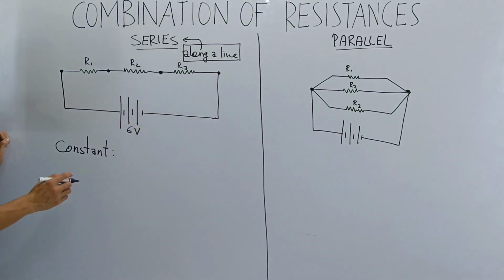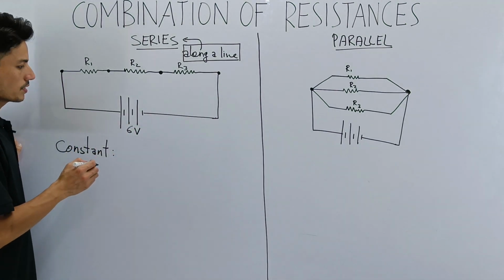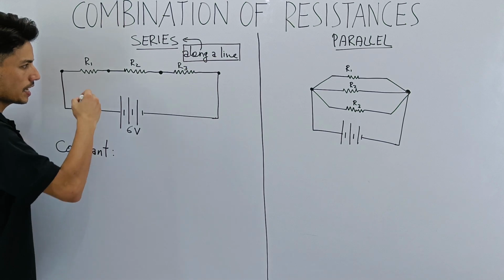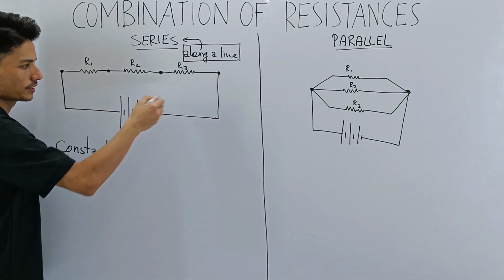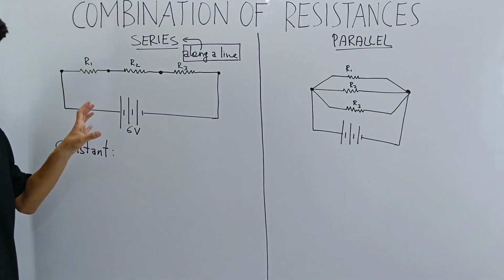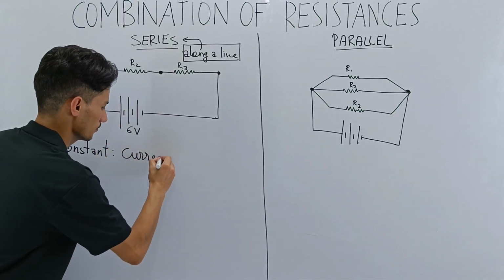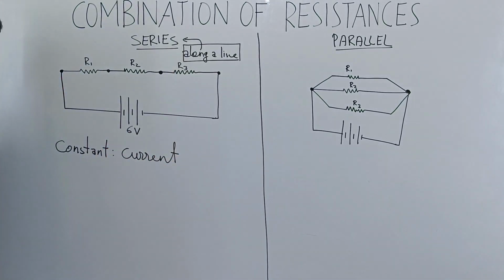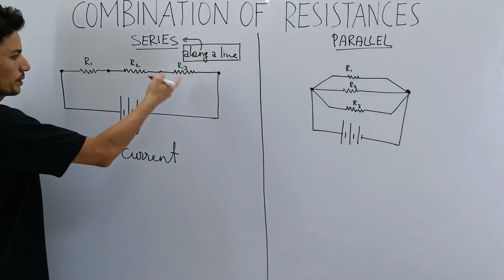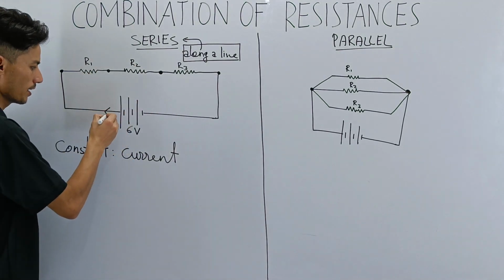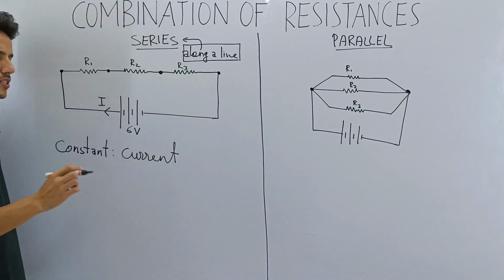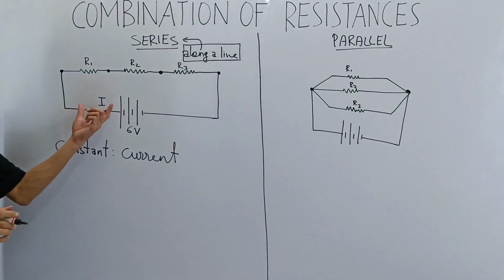Remember this, my dear students, in series combination, the same current flows throughout the system. That means current remains constant throughout the system. What do I mean by that? See, there will be current flow here. Let's say the current is I, capital I. I is a symbol for current.